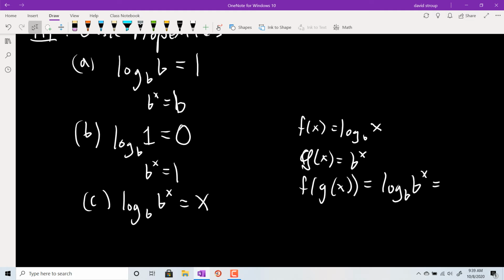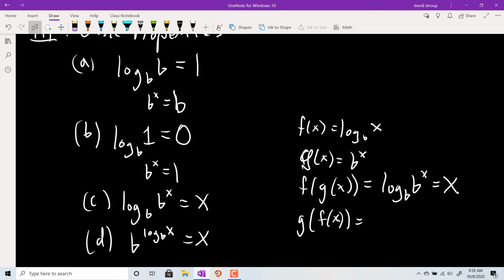And because they're inverse functions, that's just going to equal x. Likewise, if you have b to the log base b of x, that will give you x as well. It looks a little funny, but it's just the cancellation equations in reverse, right? Because they're inverse functions, that's just going to equal x as well.